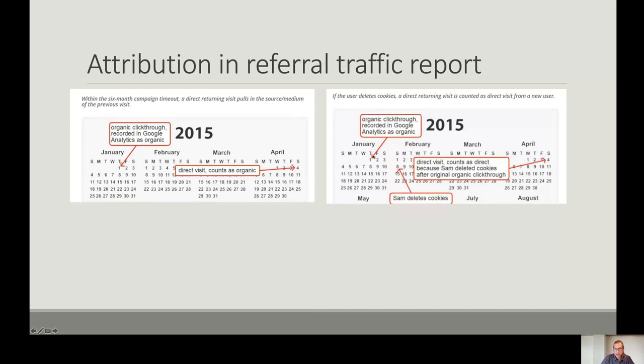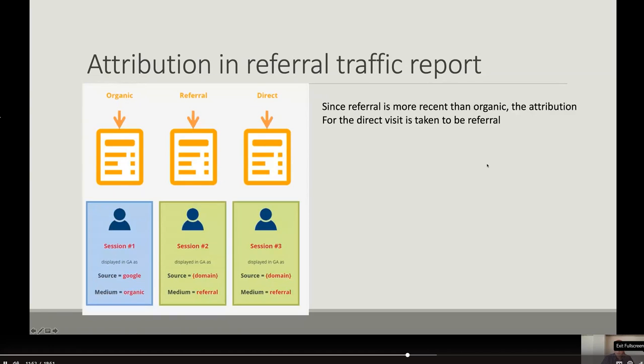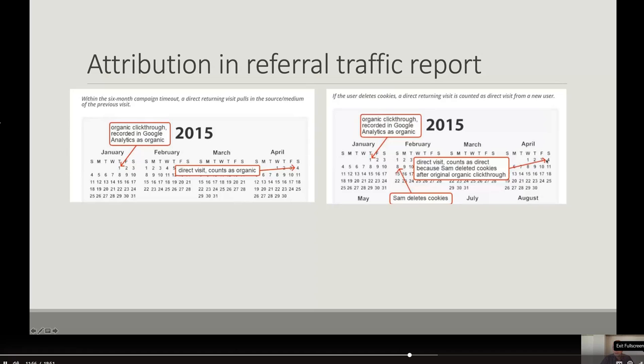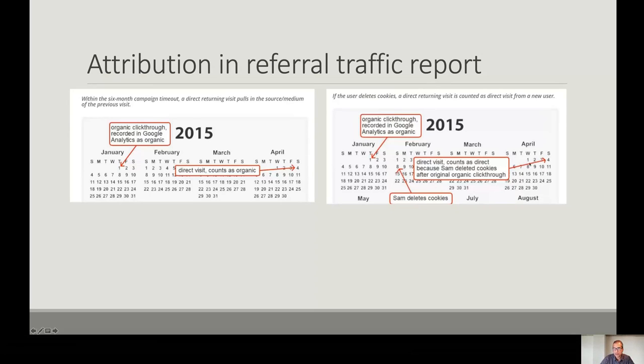Once again, the user clicked in through an organic click on January 1st. And now the user comes in again on April 4th. But before the user comes in on April 4th, this user deleted their cookies on February 8th.